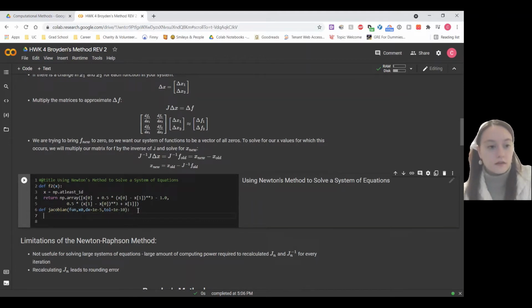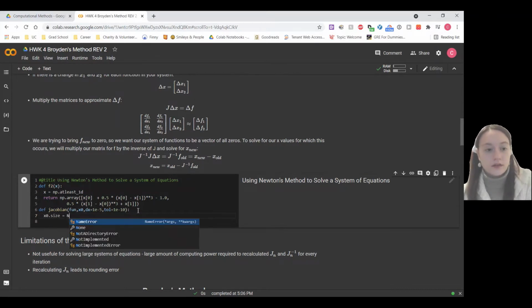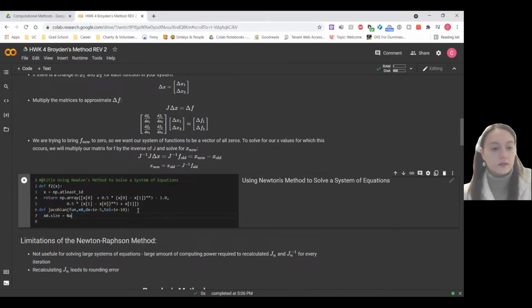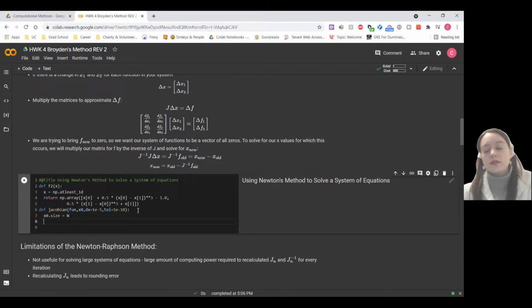To do that, we're going to start with the size of our initial guess for x's. We'll set that equal to n. So basically, if we had two values of x, then n would be equal to 2.